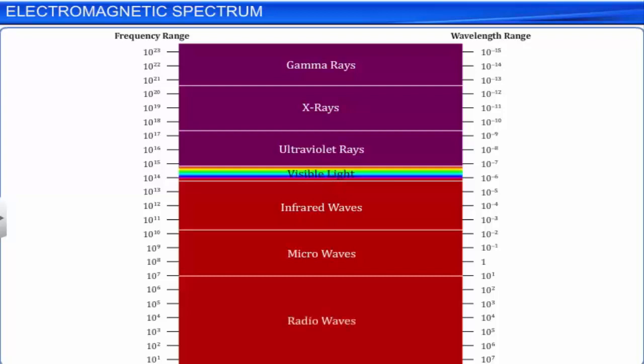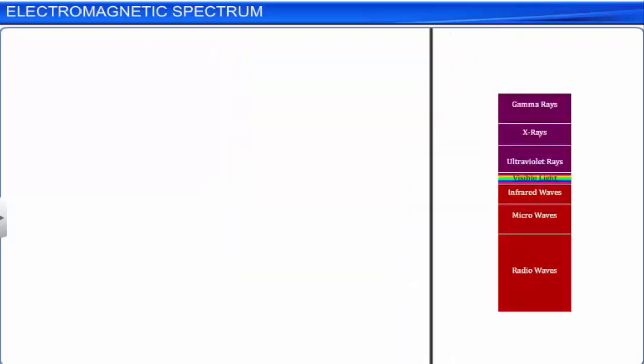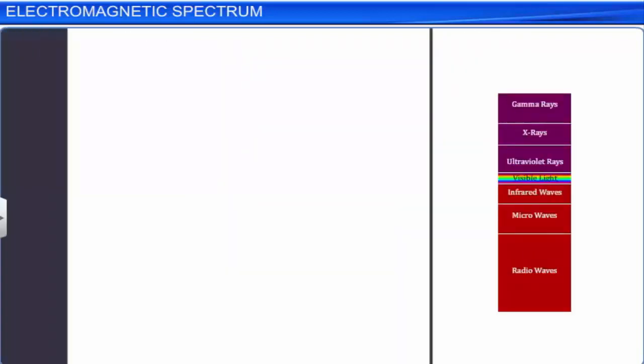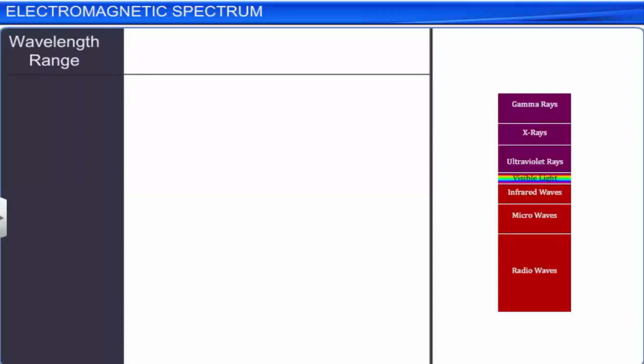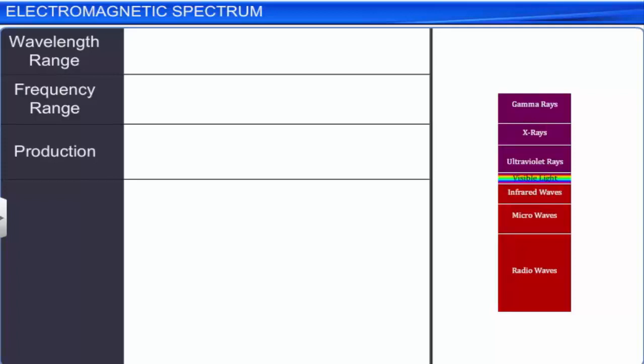The classification is based on the production or detection of these waves, as otherwise there isn't a sharp distinction between the different kinds of waves. Now, let us briefly discuss the wavelength range, frequency range, production, detection, and uses of all the 7 kinds of electromagnetic waves.